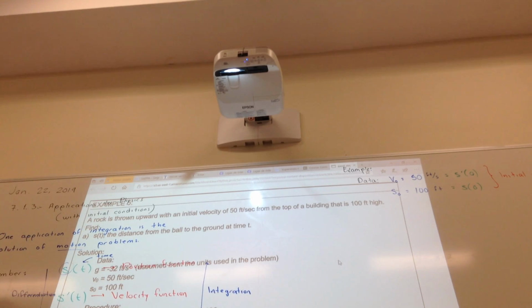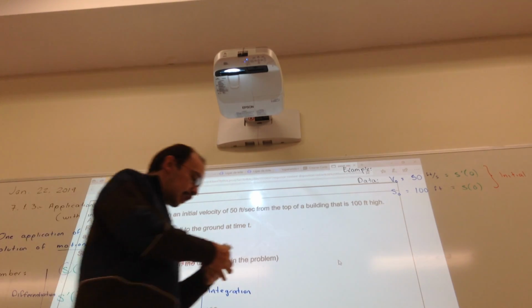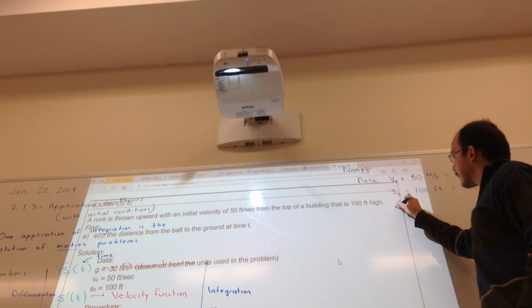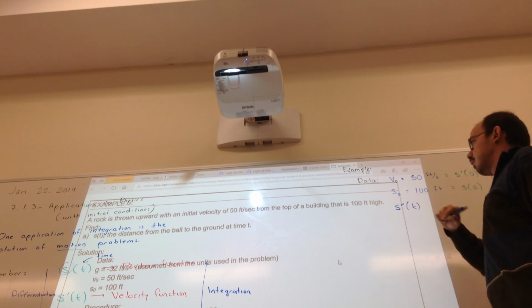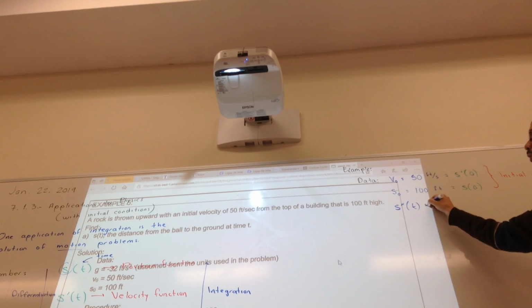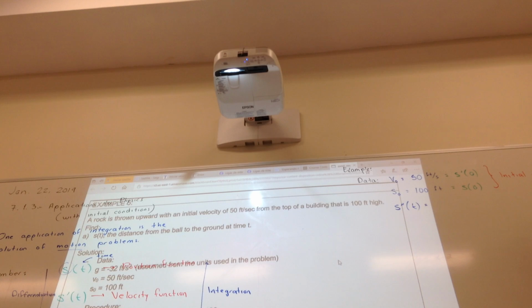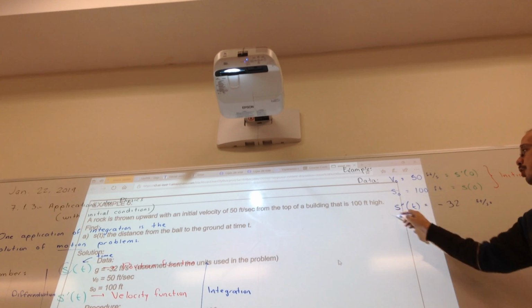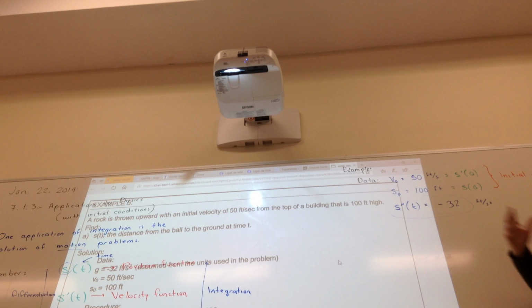When it's a free-fall problem, the acceleration function is gravity. So in this case, s double prime of t is equal to what? What's the gravity? In feet per second squared, it's going to be minus 32. So minus 32 feet per second squared. That's the function that I'm going to integrate. Do you understand why?